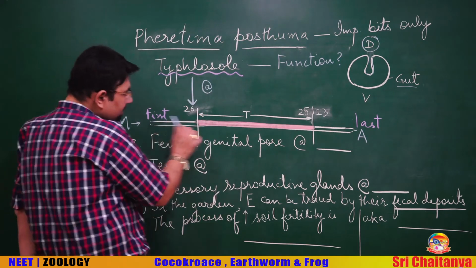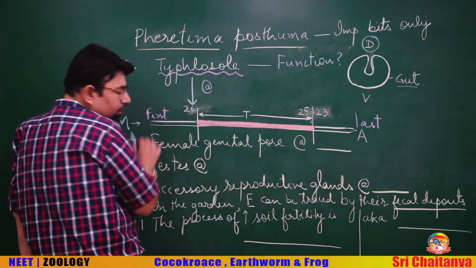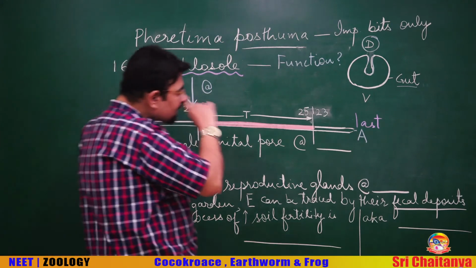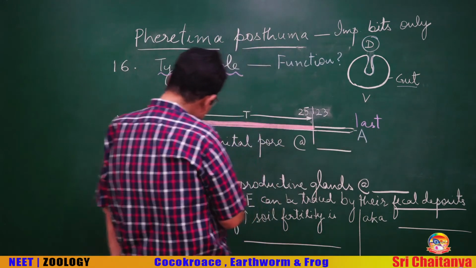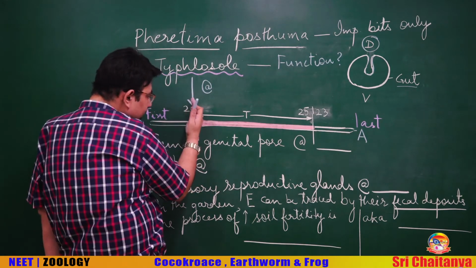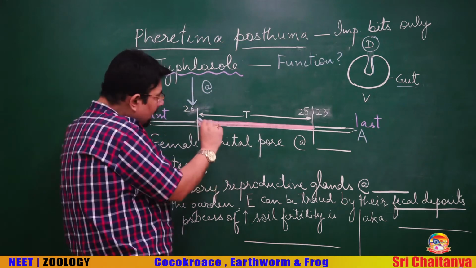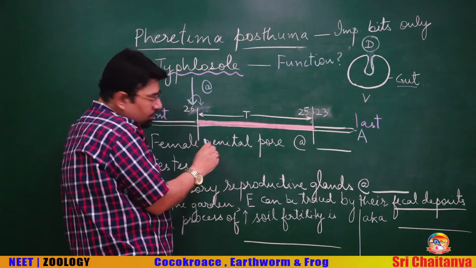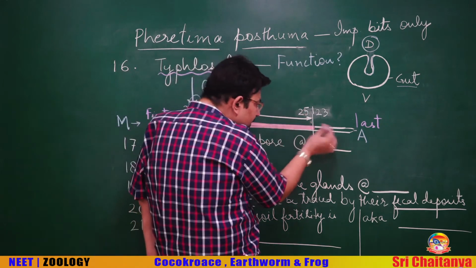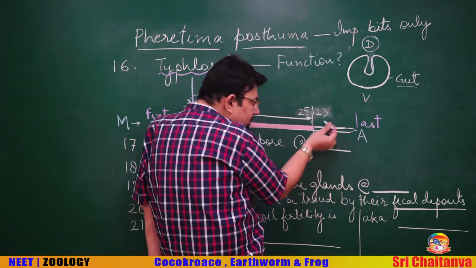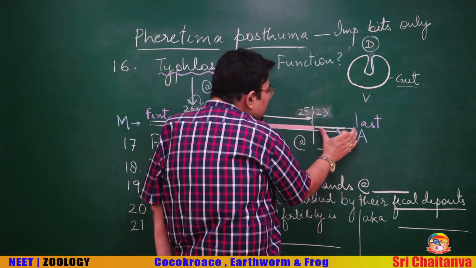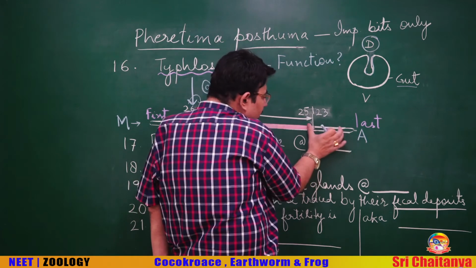Now, just imagine this to be the gut of the earthworm. This side is the mouth, the first segment, and on the last segment, this side is the anus. Now, you just take the 26th segment onwards. After the 26th, you will have the typhlosolar region and it will continue roughly till the last but 23, last but 24 or last but 25.